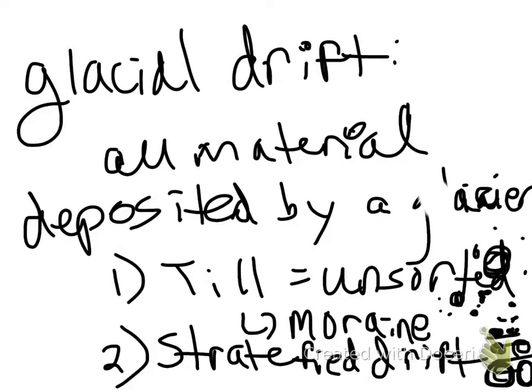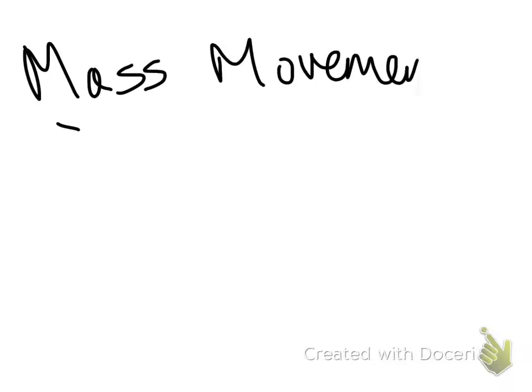All right, besides glaciers, we also talked about mass movement. And mass movement is just the rapid, actually it doesn't have to be rapid. We'll get into rapid mass movement in a minute.